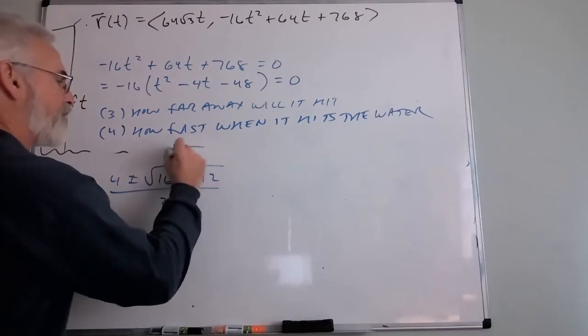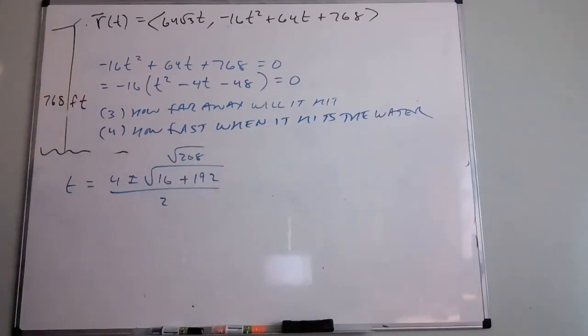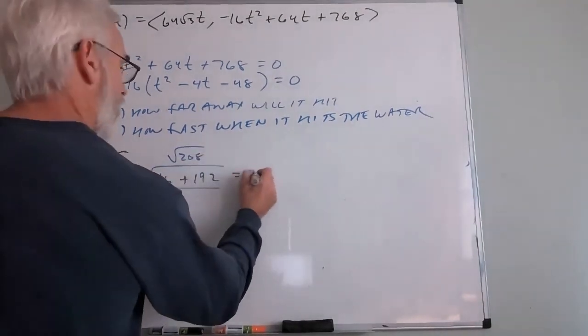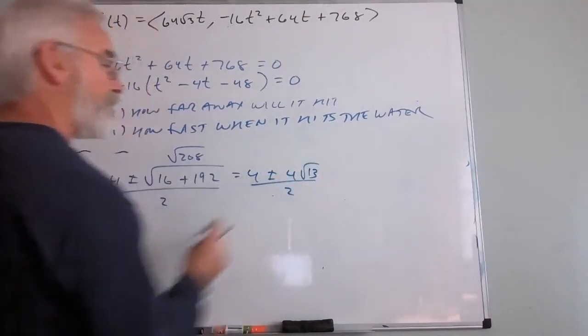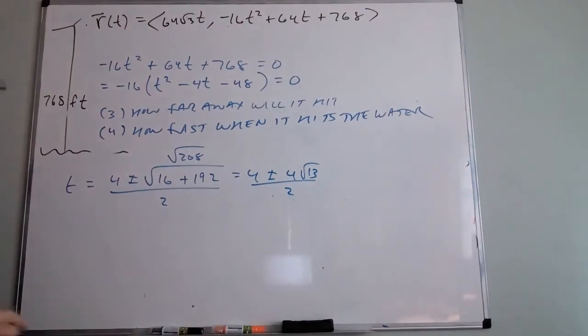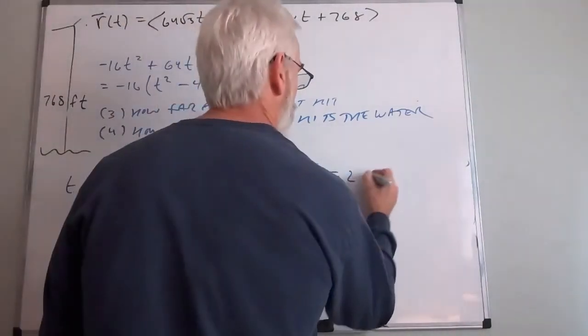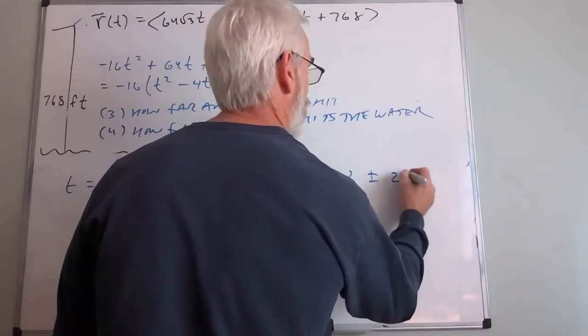Well, that's root 208. Does root 208 reduce? Well, does 16 go into 208? I think it does. So this would be 4 plus or minus 4 root 13 over 2. Not as bad as I thought. So that's 2 plus or minus 2 root 13.